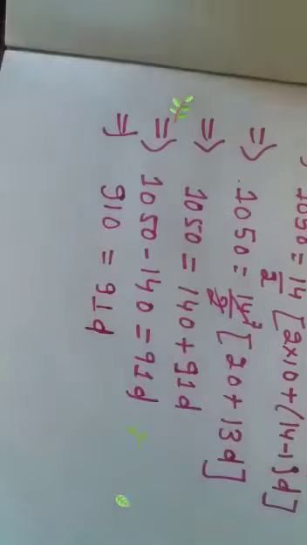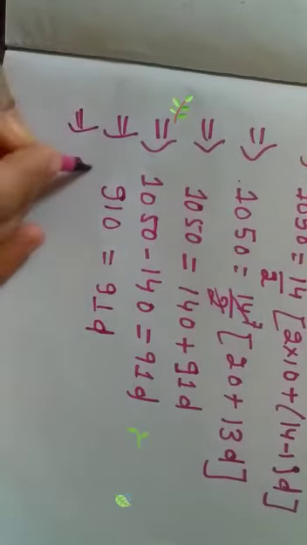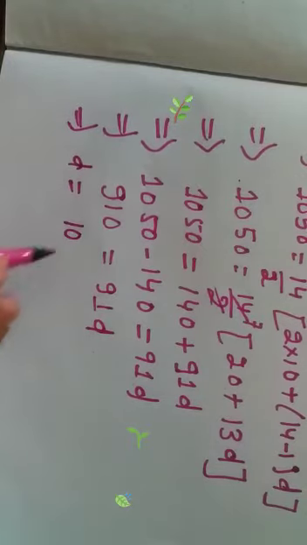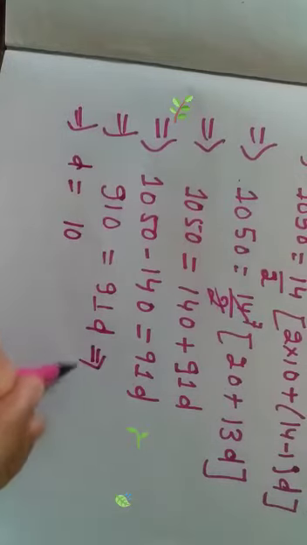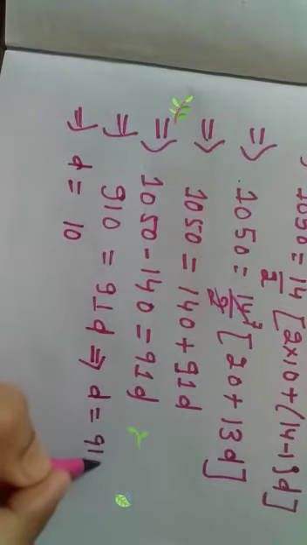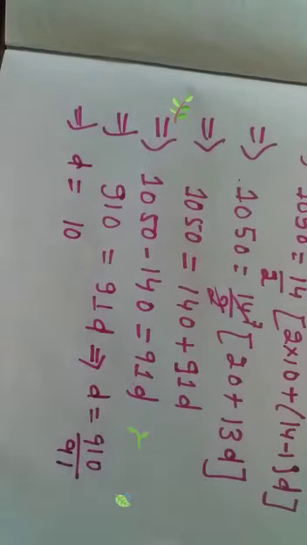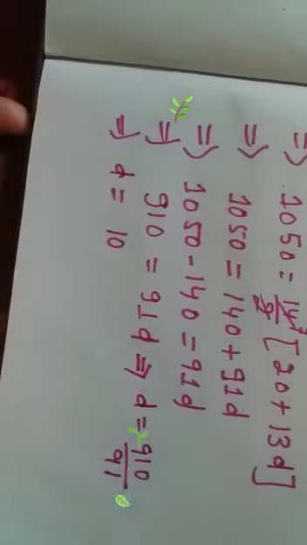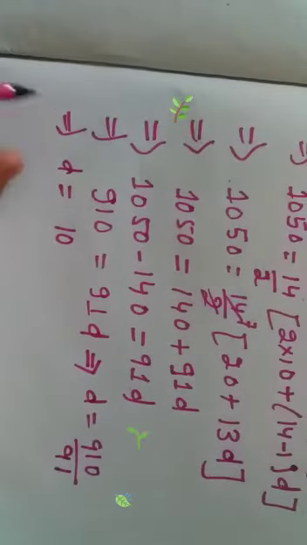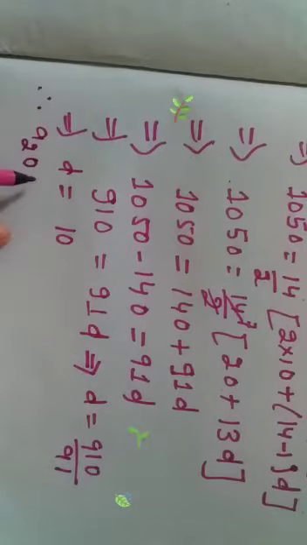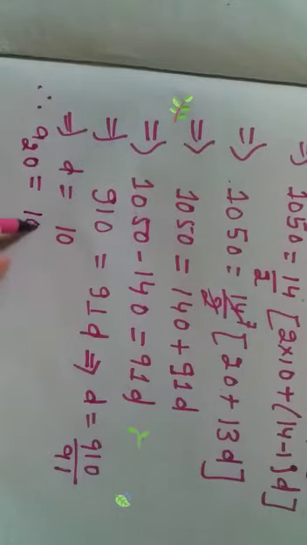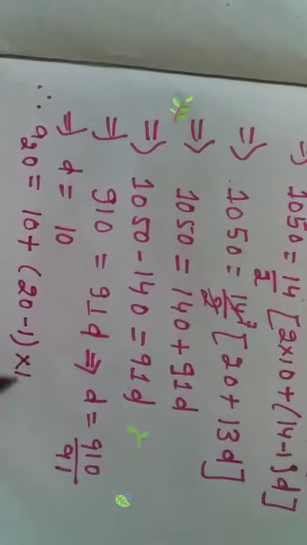So we can write d is equals to 910 by 91, so d is equals to 10. Therefore A20 is equals to a plus 19d, so 10 plus 20 minus 1 into 10.